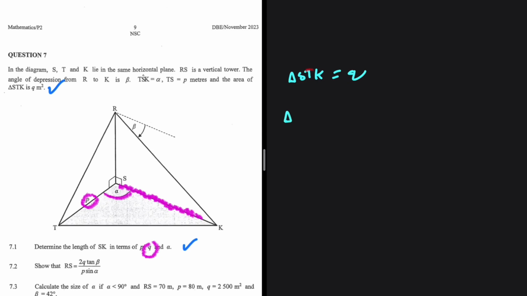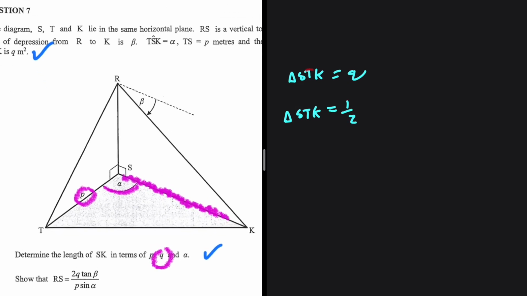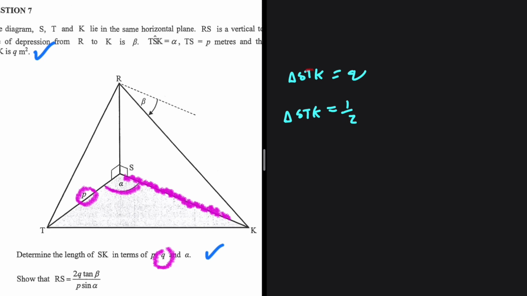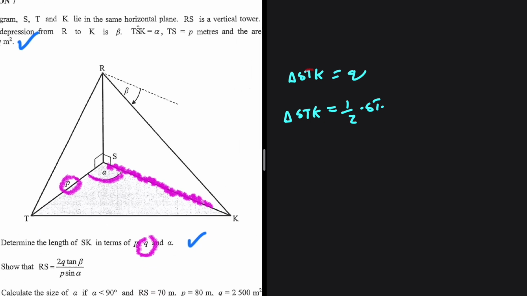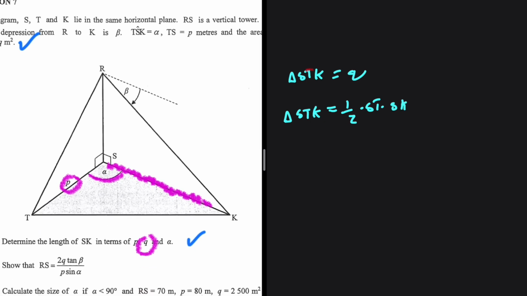The area of triangle STK is equal to a half. We need two sides and the angle between the two sides. We have ST multiplied by SK, times the sine of the angle in between the two sides, which is alpha.